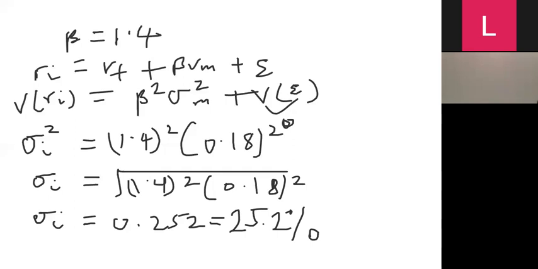Great. Now the next question is, what investment has the highest possible expected rate of return while having the same volatility as Microsoft? The key emphasis here is the same volatility as Microsoft. So let's move on. Just like I wrote the formula, the variance of I is equal to beta squared times the variance of the market plus the variance of the error term.